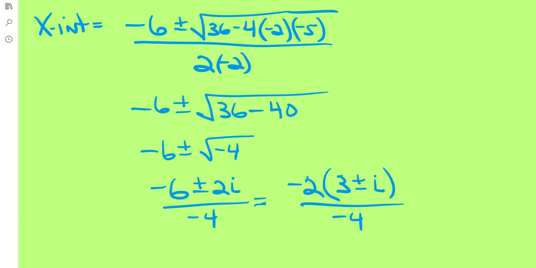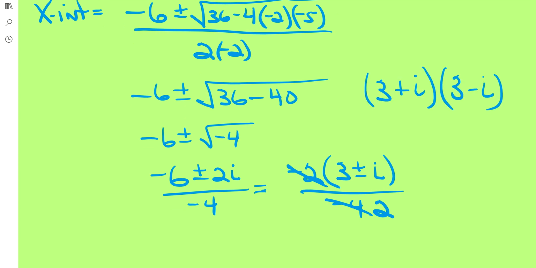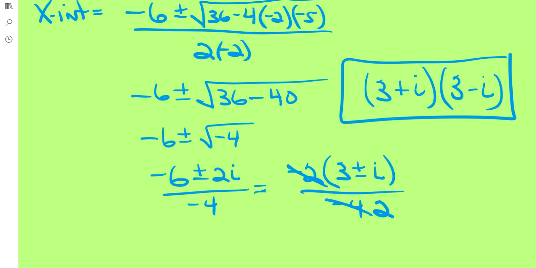Canceling this out, the 2 over the 4, that's 1/2. So cancel this, and a 2 goes below. Okay, so I come up with x-intercepts of 3 plus or minus i: 3 plus i or 3 minus i.